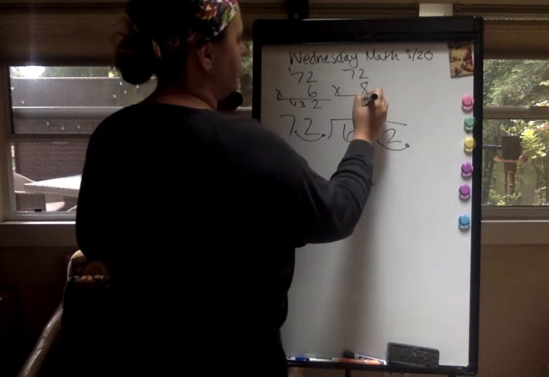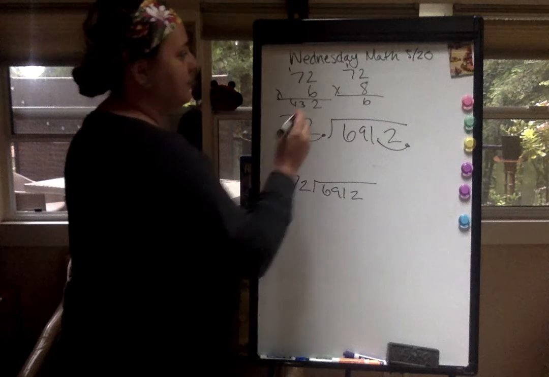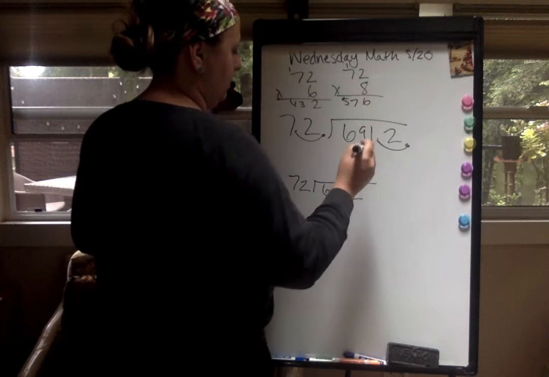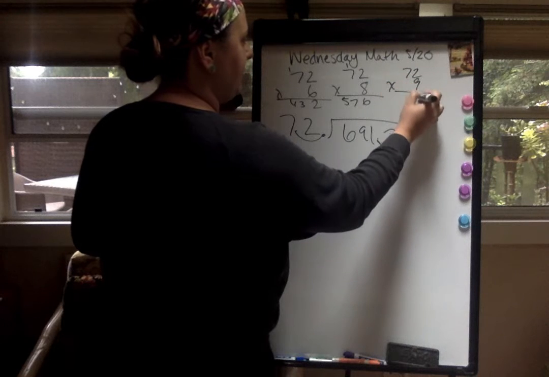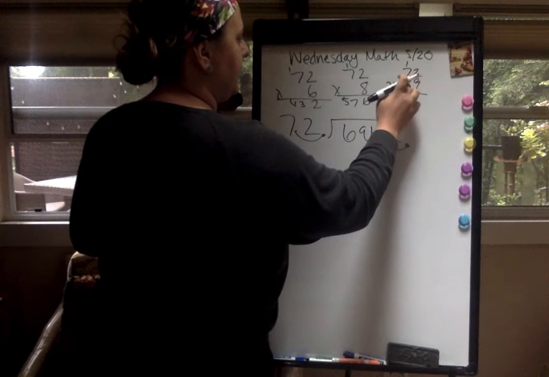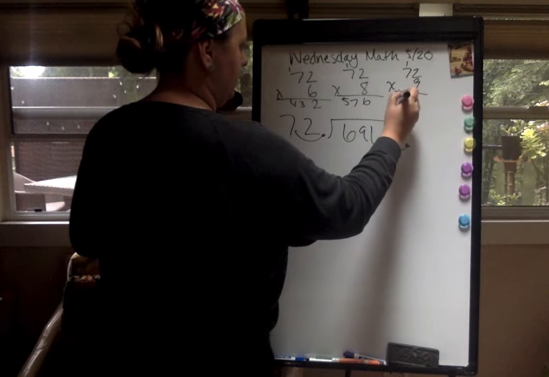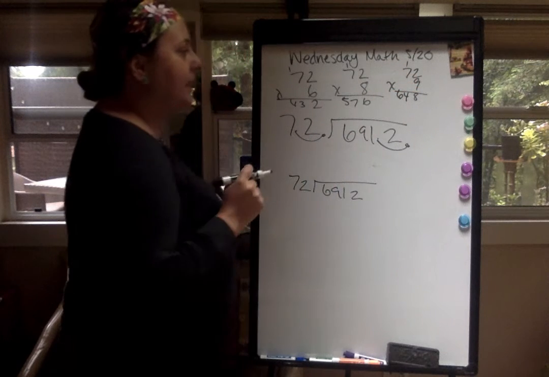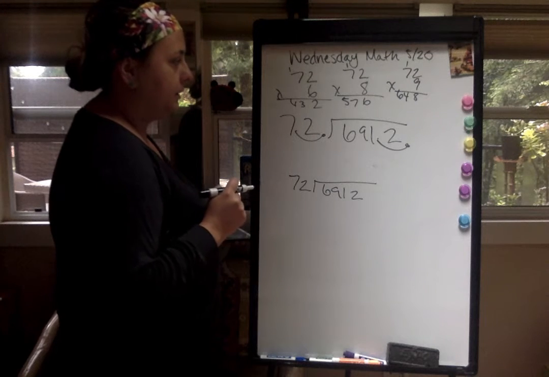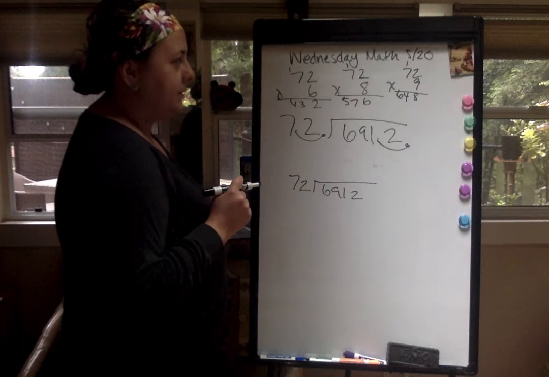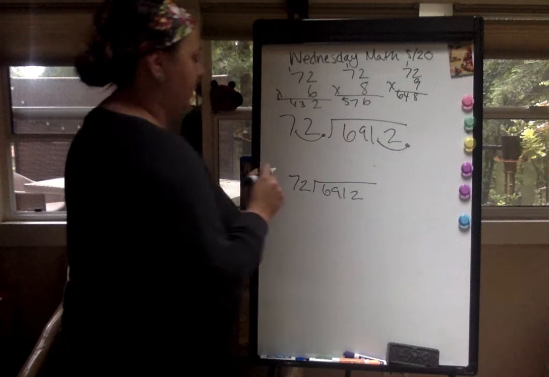So that's 16. 8 times 7 is 56, 57. Ooh, can I do one more? 72 times 9. It's going to be 18. 9 times 7 is 63, 64. It looks like that's probably going to work. Yeah, okay.